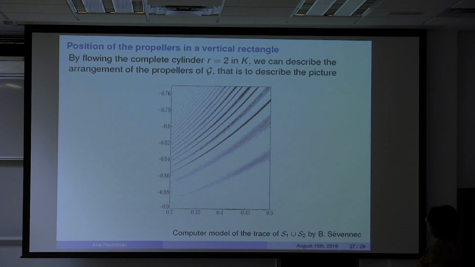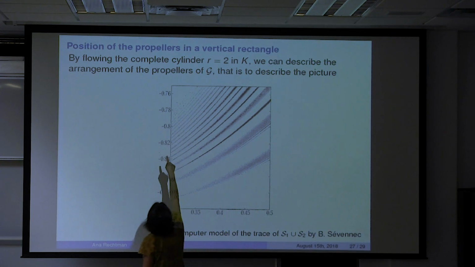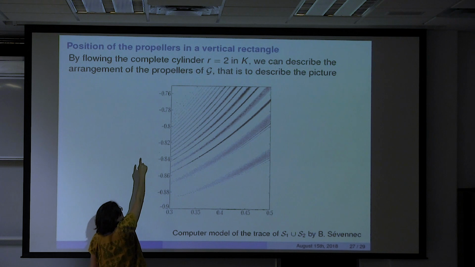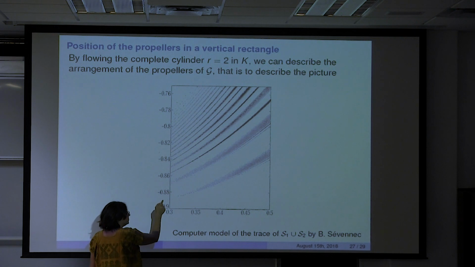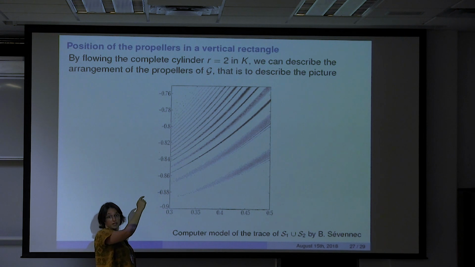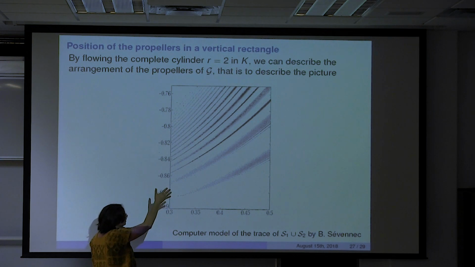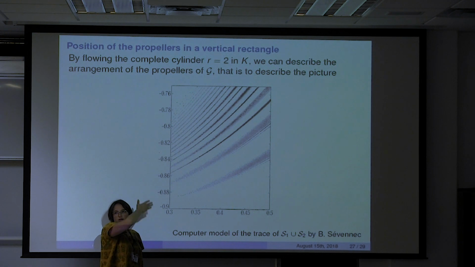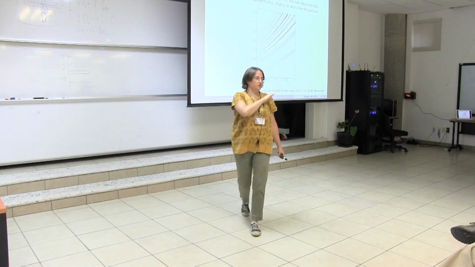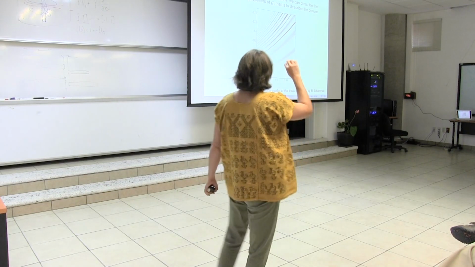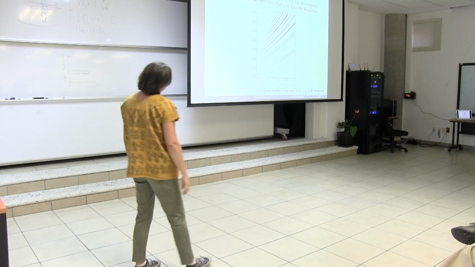So this is a computer simulation of what happens near, let's say, the top of that square or rectangle, there's this special point of one of the insertions, and this is how the two orbits hit the small transversal. This is a picture by Bruno Sebenek. They don't have any idea why they look like this, but we now can explain why you see the points so nicely aligned.